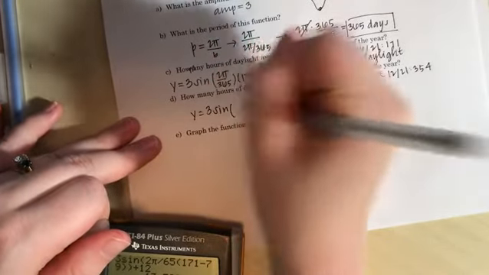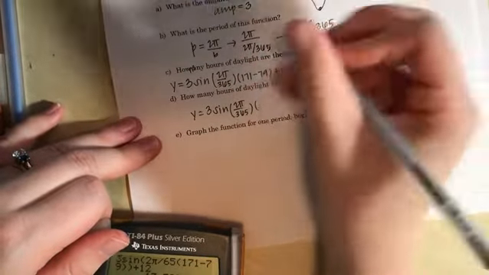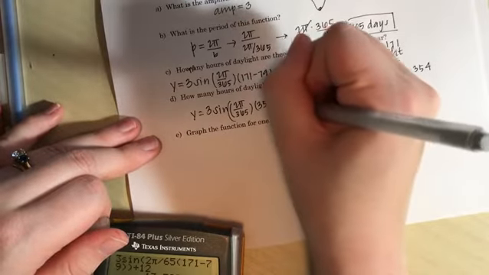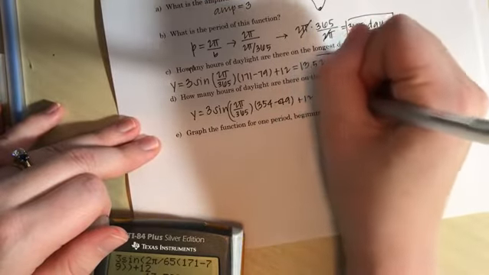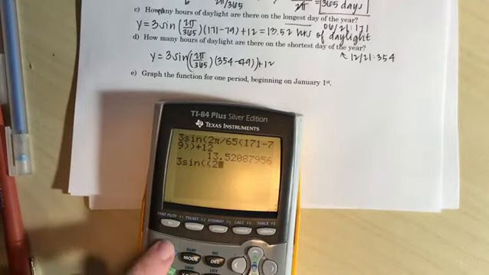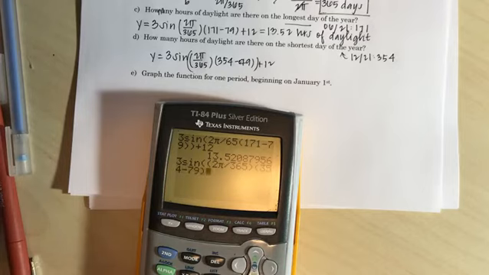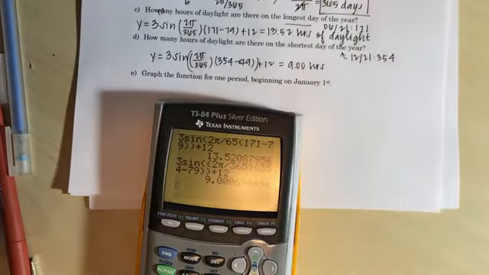So we use the same equation, y equals 3 sine of 2 pi over 365 times I'm plugging in, and this is all happening inside the parentheses, so that's why you want those extra parentheses here, 79 plus 12. So I plug that whole thing into my calculator. 3 sine parentheses 2 pi over 365 parentheses 354 minus 79. Close your parentheses twice and add 12. And that tells me there are approximately 9 hours. That's pretty short, right? That would be like 9 to 5 of sunlight.